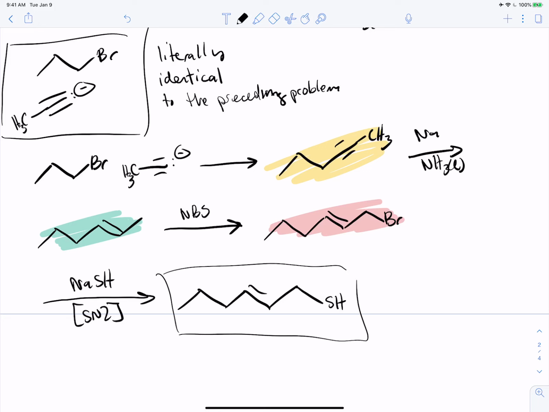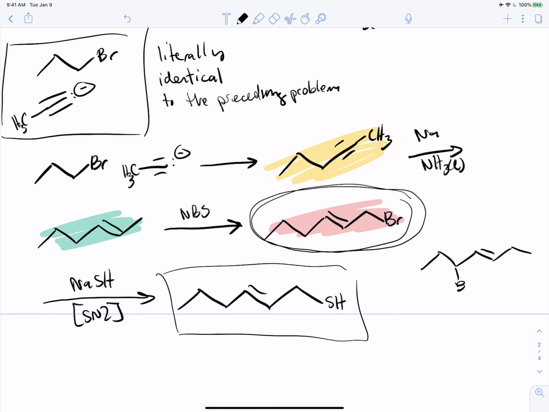So again, not the most satisfying series of reactions, because this product takes a bad hit: you have a big side reaction where you end up with a lot of allylic bromination, but on the wrong side of the double bond. There are ways around that if we knew more chemistry, but this is just where we are, so there's not much we can do about it.